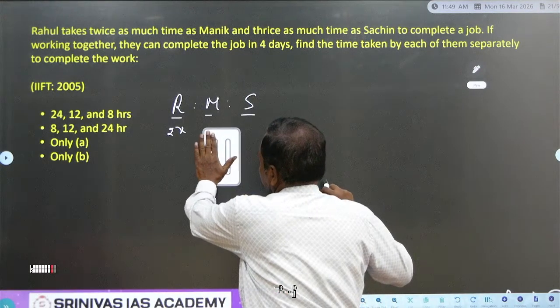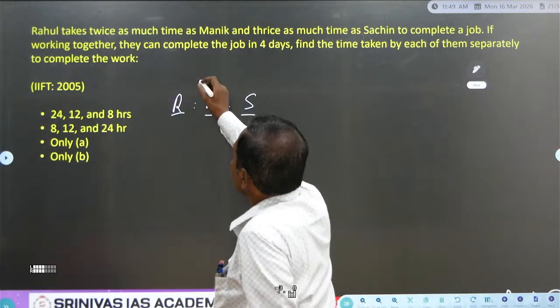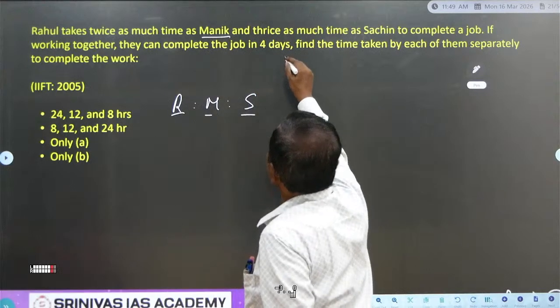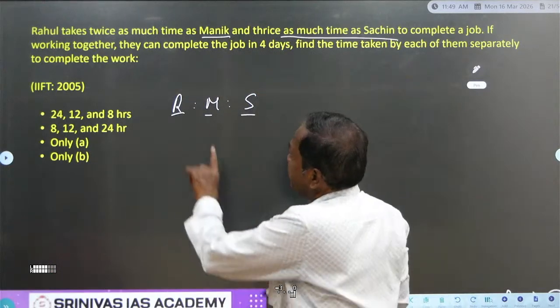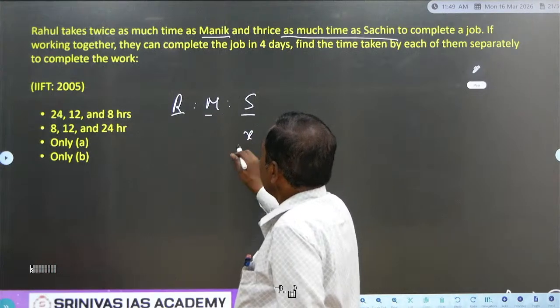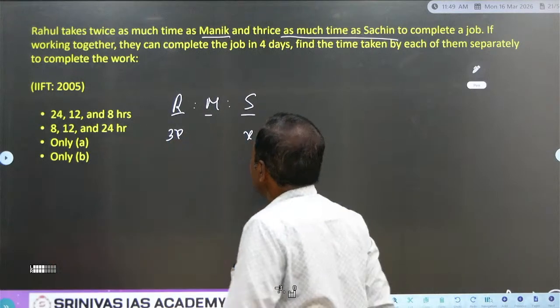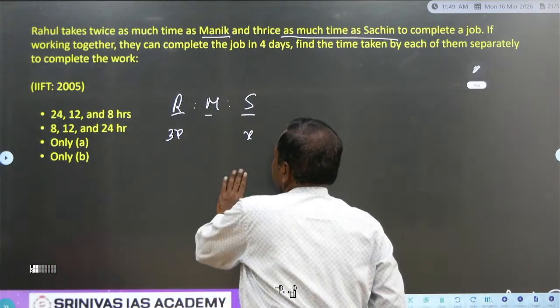But it's compared with what? It's compared with Rahul only. If you take this as X, for this it becomes 3X. Twice should happen. Now slowly you have to change that.